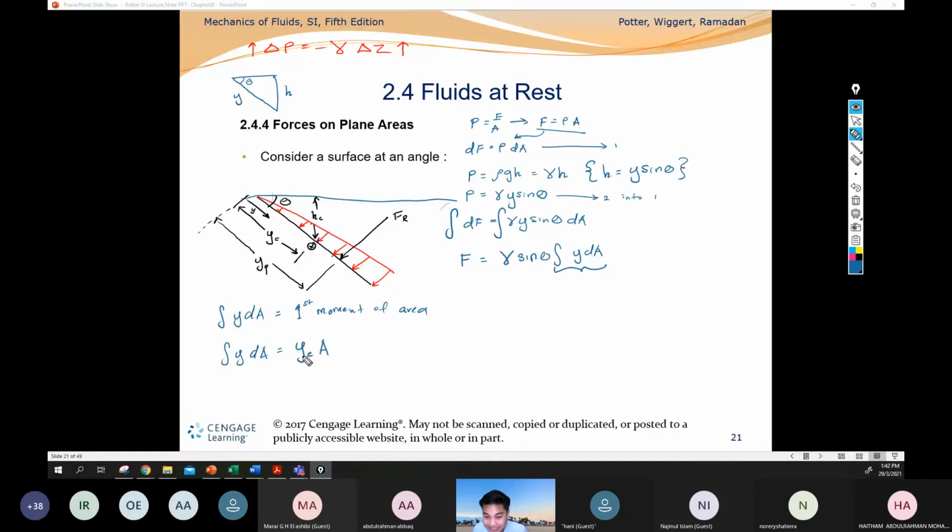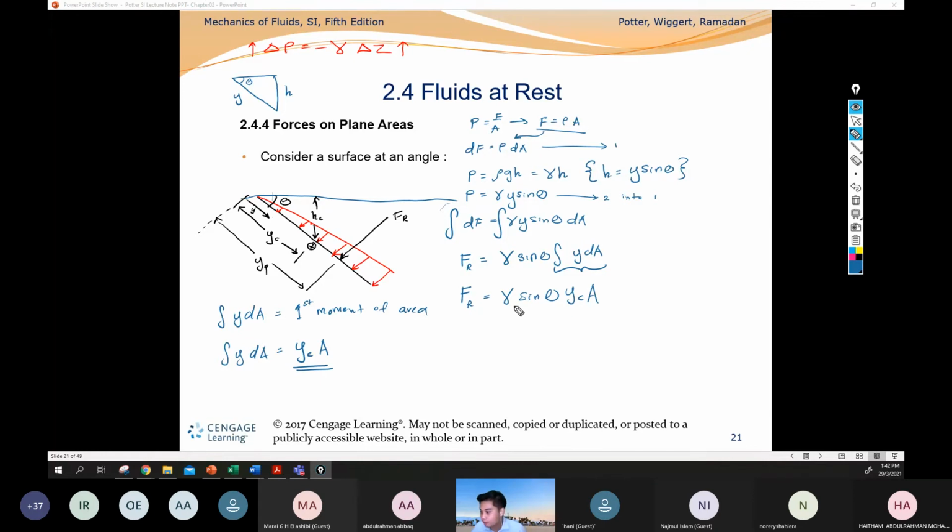Right? So what is YC? That is the Y at the, anyone? Centroid. Yes, the Y at the centroid position, which is this one. Okay, so can I replace here with this one? Yes, I can replace. So force, resultant force, is actually equal to gamma sine theta YC A. A is the total surface area.